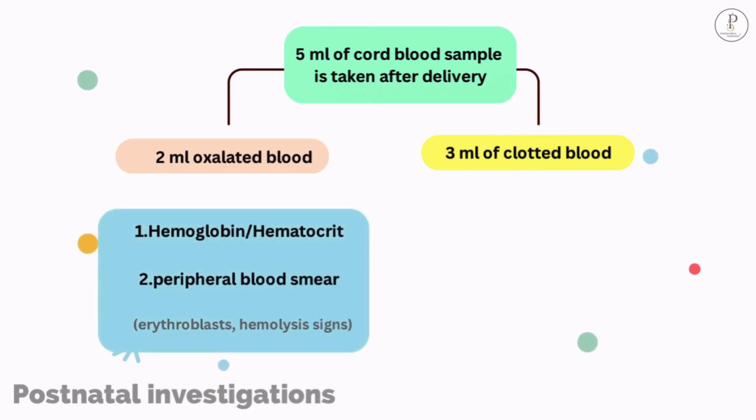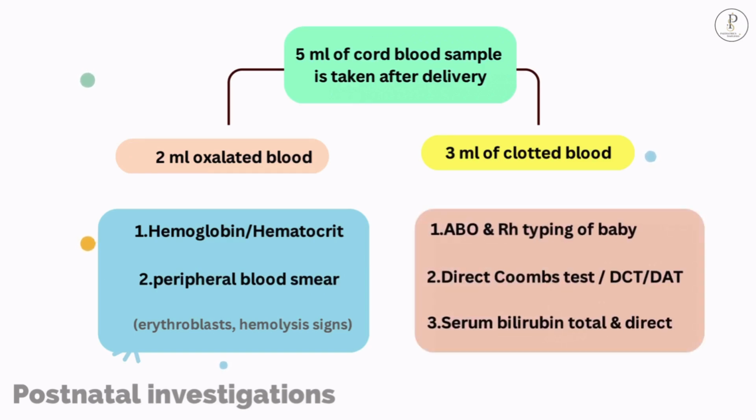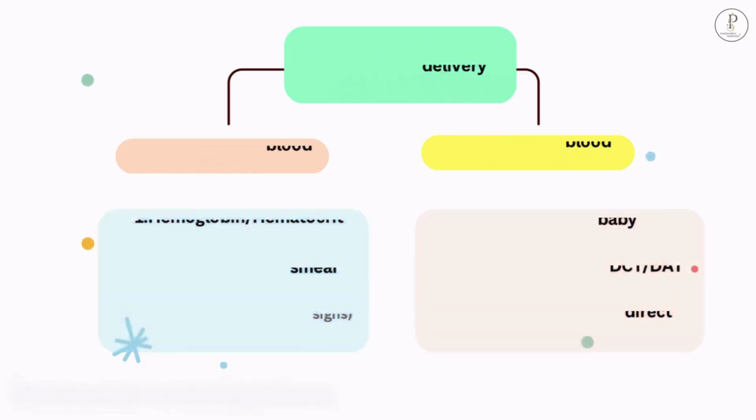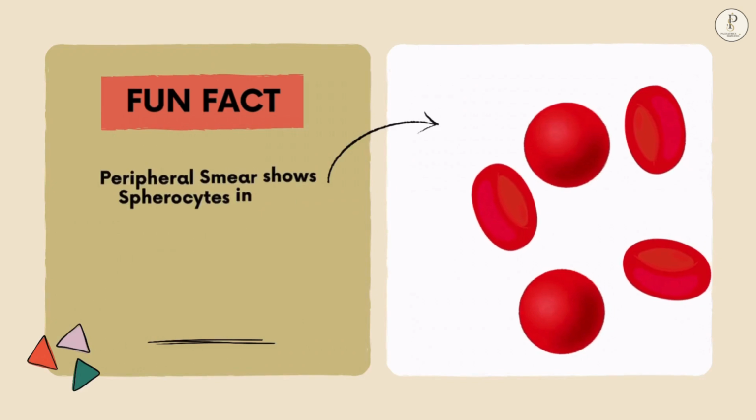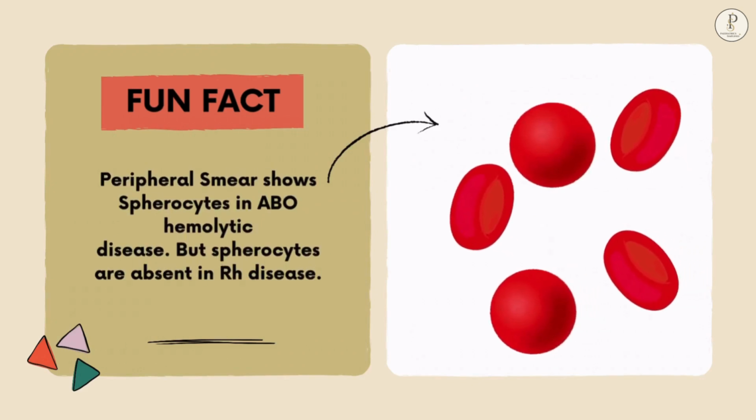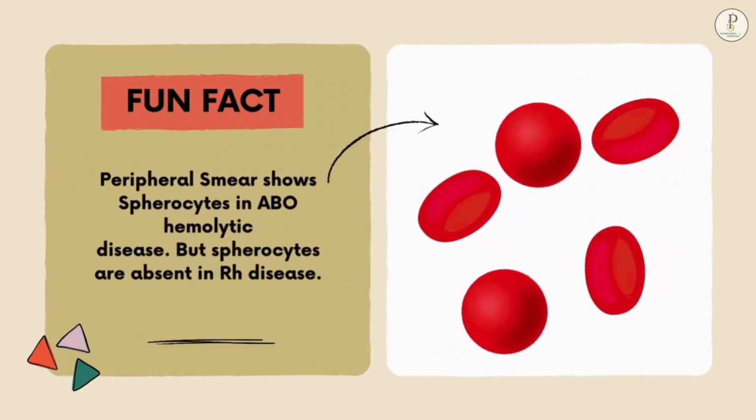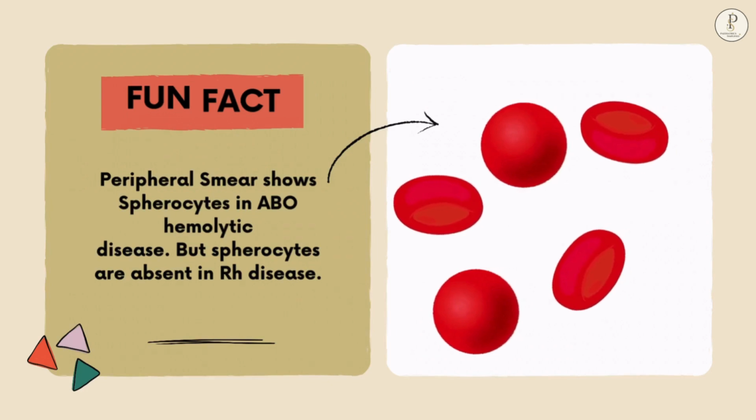Oxalated blood is tested for hemoglobin or hematocrit to detect anemia, and peripheral smear to detect erythroblasts and signs of hemolysis. Clotted blood is used for ABO and RH typing, direct Coombs test, and serum bilirubin total and direct in baby. Fun fact: peripheral smear shows spherocytes in ABO hemolytic disease, but spherocytes are absent in RH disease.